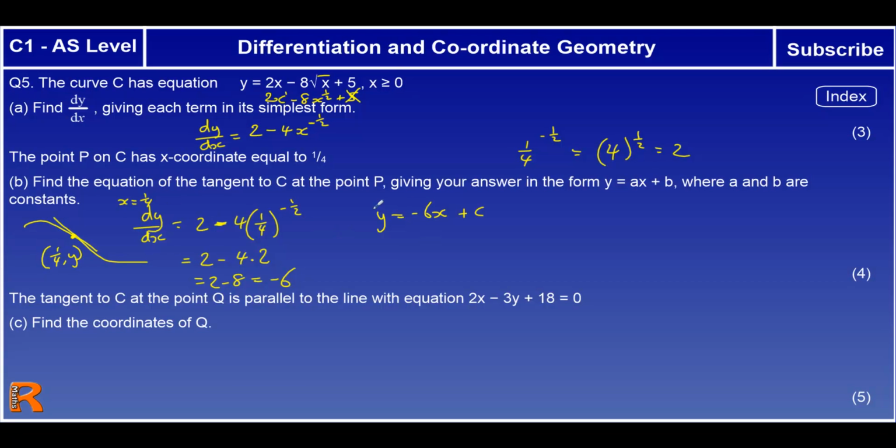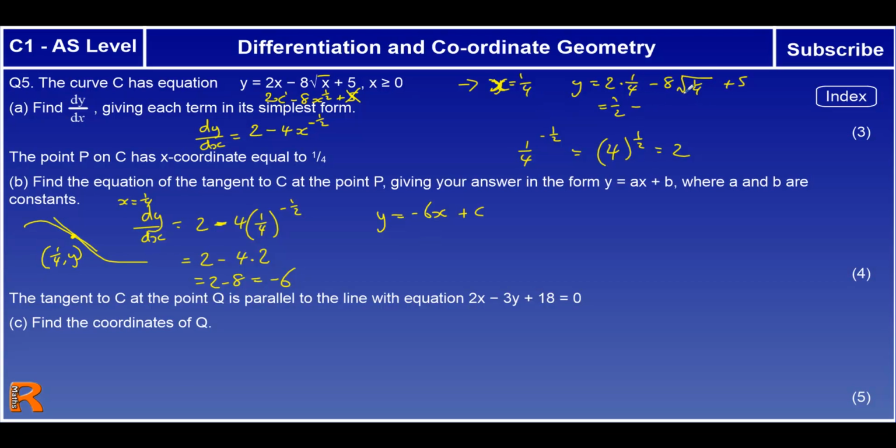Okay, what we need to know is what y is at this point. Now we've got the original equation up here, so we can use that. When x equals a quarter, y equals 2 times a quarter minus 8 times the square root of a quarter plus 5. 2 times a quarter is a half.